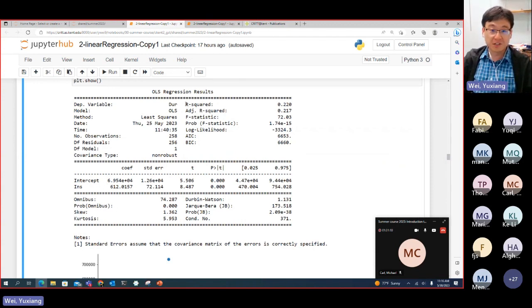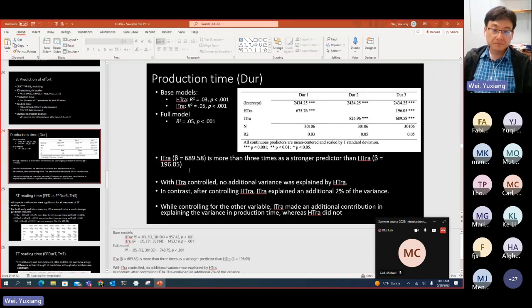But what's really important, and I've already mentioned at the beginning, is the R-squared, which indicates how well the model explains the data, the coefficient here, which shows the relationship between these 2 variables, and the p-value indicating statistical significance. So if we have base models with production time being the dependent variable and HTra being the independent variable, we see that the model explains 3% of the variance in production time, and the p-value is small, indicating that it's statistically significant.